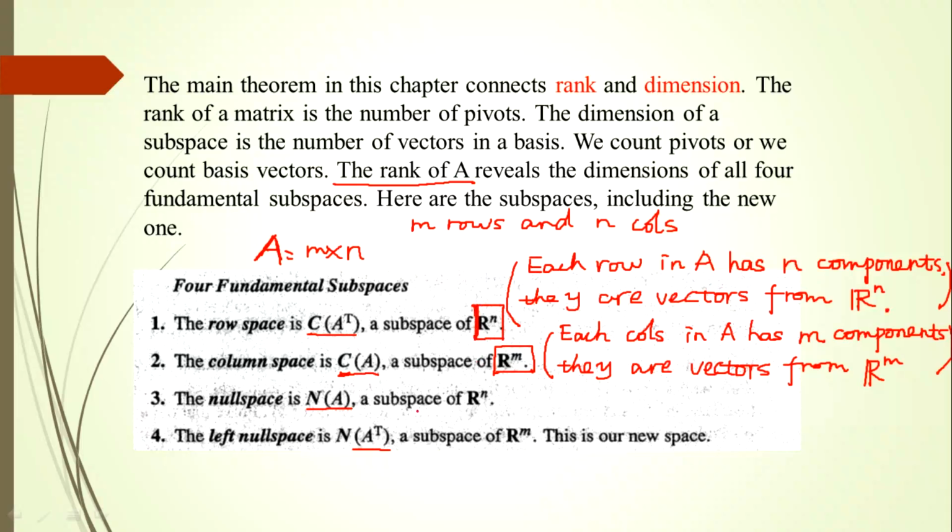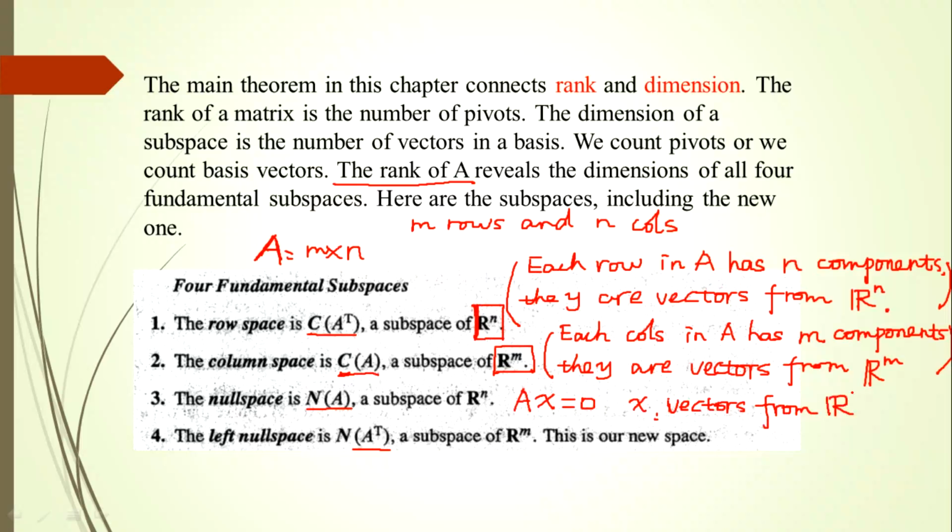Now the null space is a subspace of Rn. Are you clear? Because it consists of the solutions to Ax equals 0, and the solution x should be a vector from Rn.